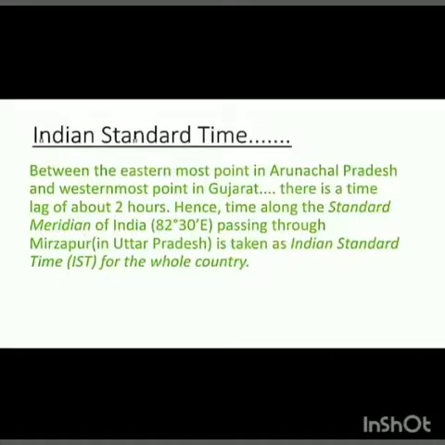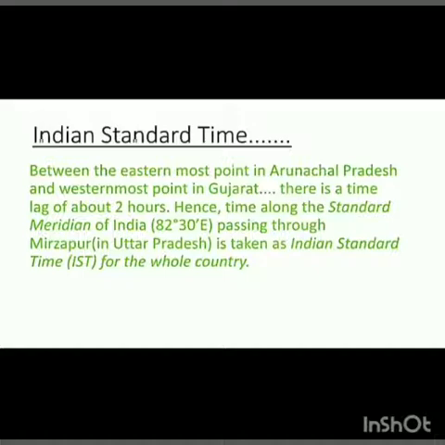Now the next topic of the chapter is Indian Standard Time. Before understanding this, let me explain a few things. Everybody knows that the earth rotates on its axis once in 24 hours and in this process covers 360-degree longitude in 24 hours.